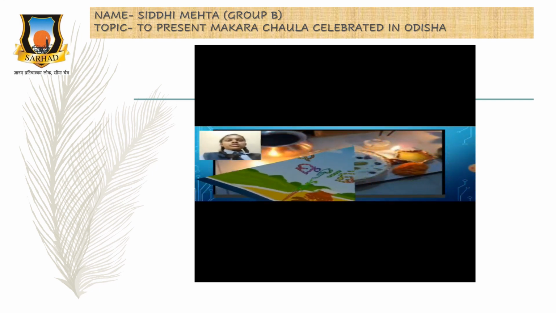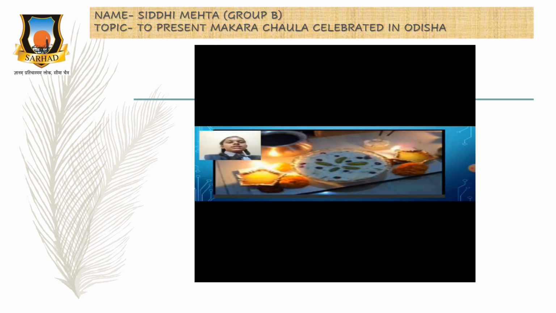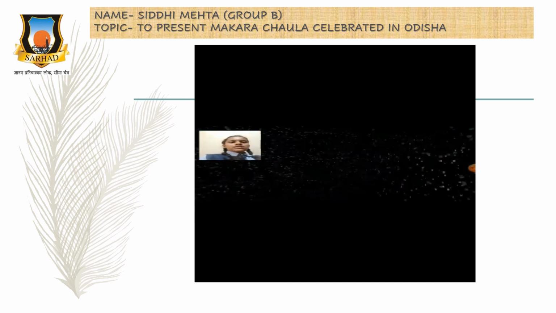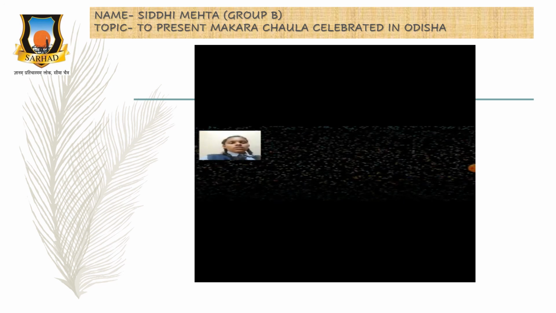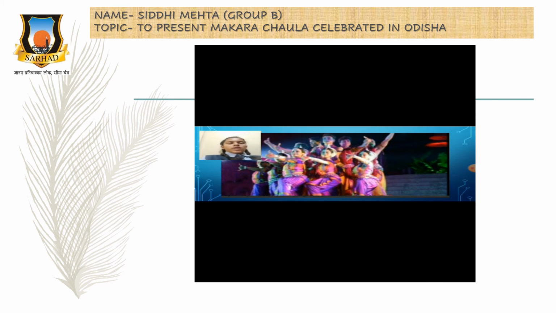Now the second slide shows us that this is Naivedya shown to the God, and this is a dance done in Odisha, like we fly kites in the sky. Like that they perform dance, singing, and like this big programs are done there.